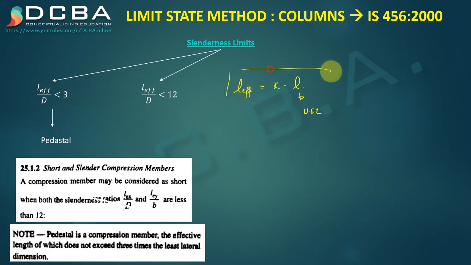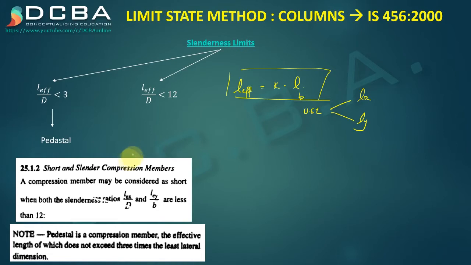So this is a general formula for effective length, but we are multiplying it by the unsupported length, and we saw that the unsupported length is not just one, but it is LX and LY. So it can be in two different directions, and we will get different unsupported lengths. So that's why here LEX is L effective in X direction, LEY is L effective in Y direction, and B and D are the respective depths in those directions.